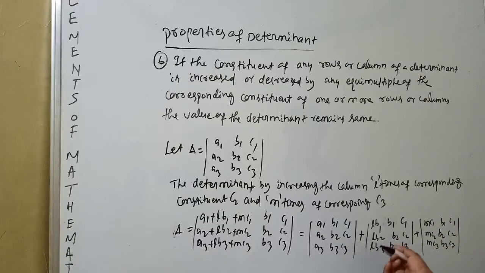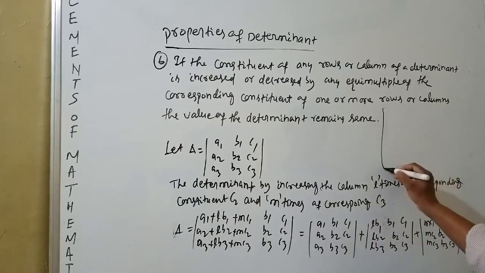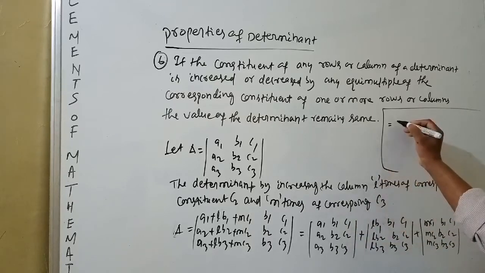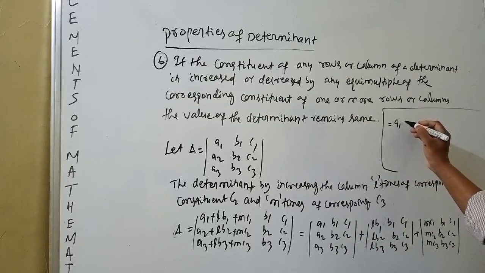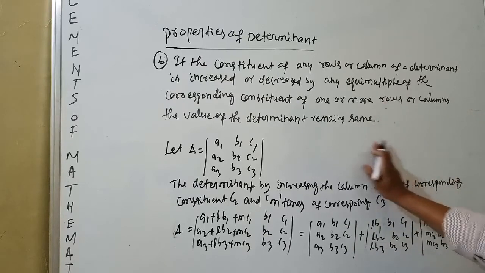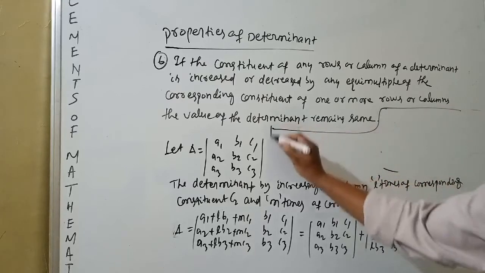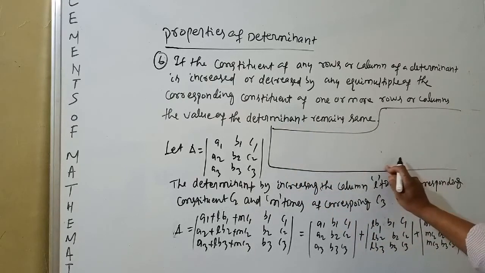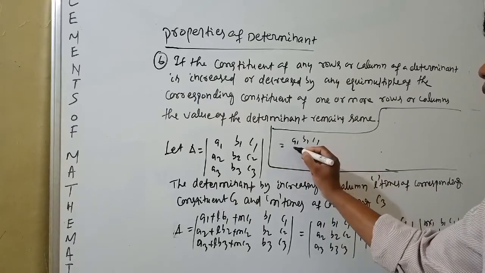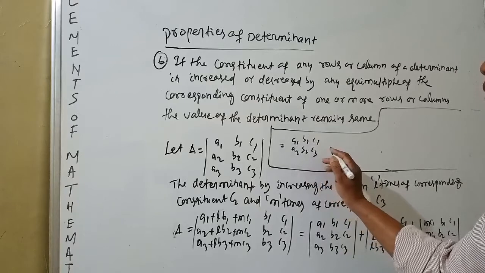Okay, if you take common L, how much can you get? Due to lack of place, I can write here A1, B1, C1, A2, B2, C2.